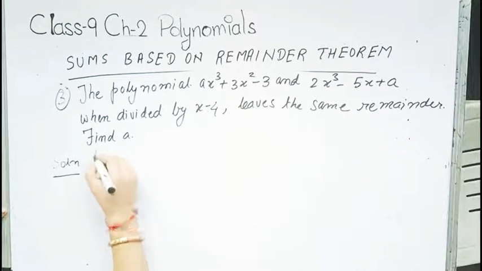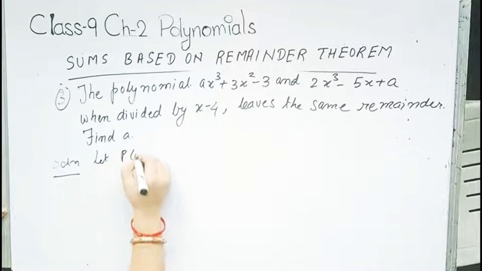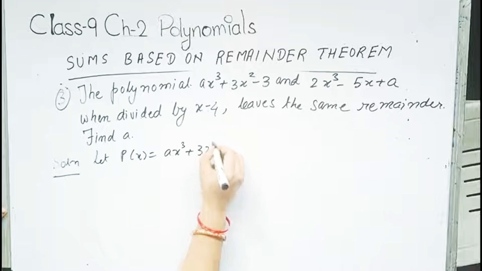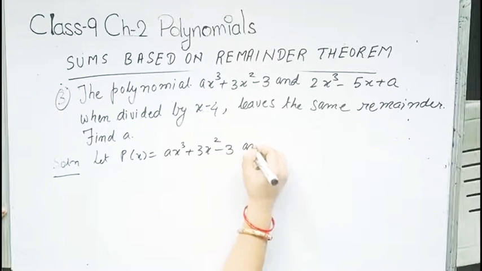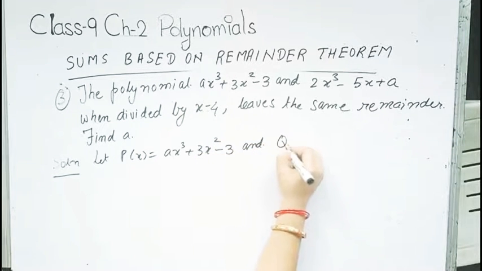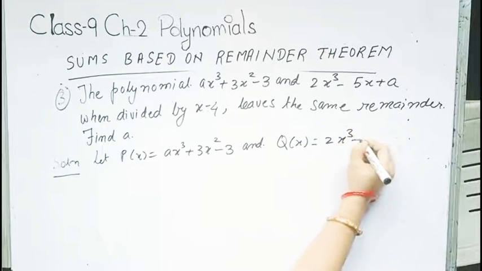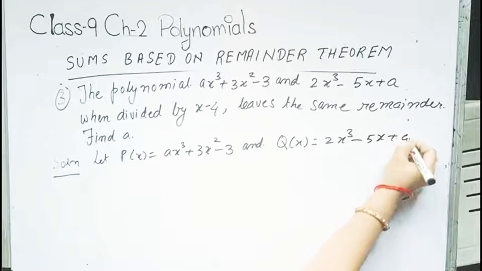First step, naming the polynomial. Let p(x) equals ax cube plus 3x square minus 3, and let us name the other one as q(x). Suppose q(x) equals 2x cube minus 5x plus a.